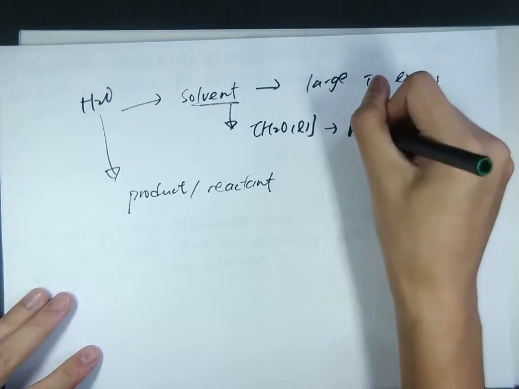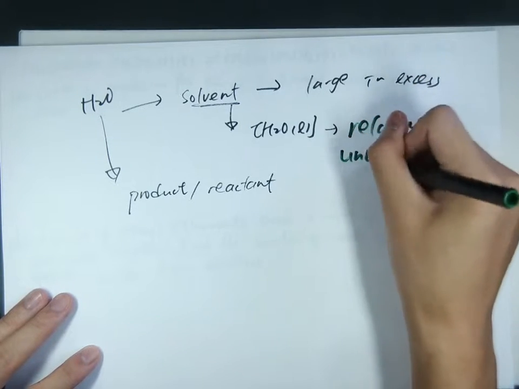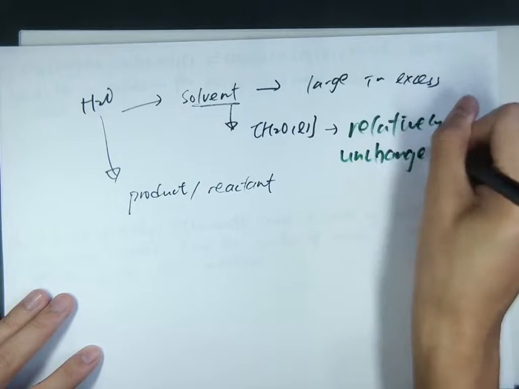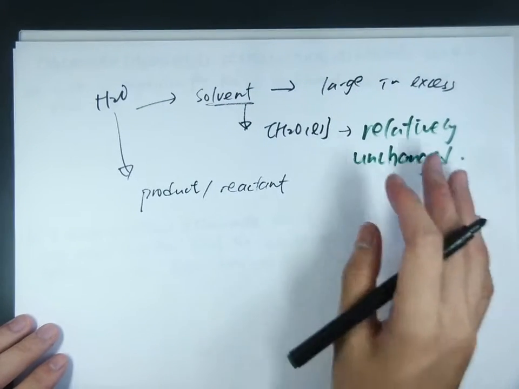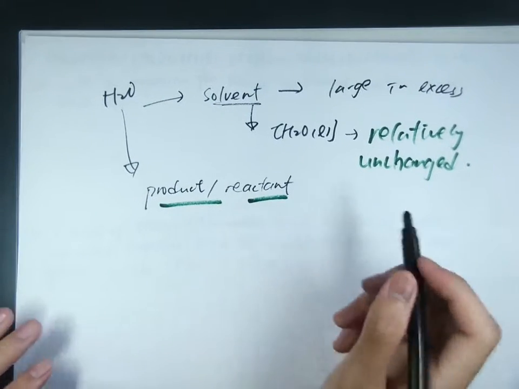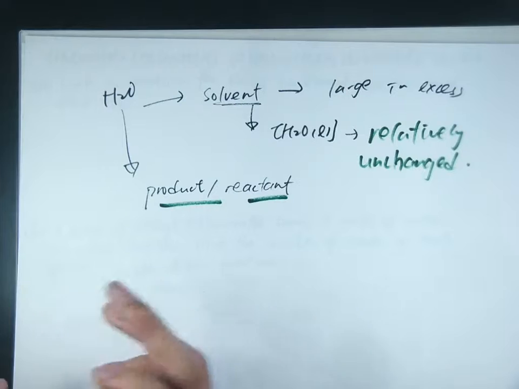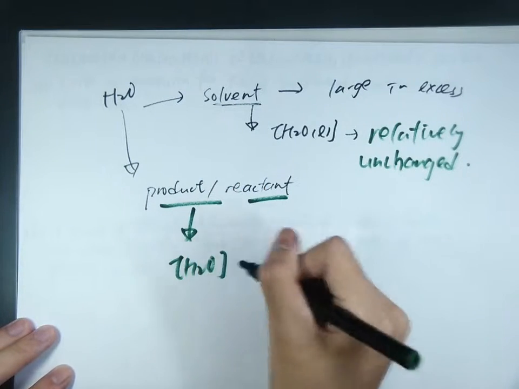It will change, but the extent is very small. So we treat it as a constant and we ignore the water, okay? However, when water is a product or a reactant, the concentration changes significantly.